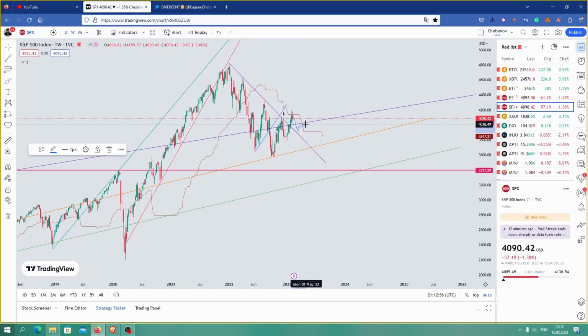At some point we will reclaim this Kijun and it will become our support, and then we will go higher. So I don't see us going lower right to the next trend line. At this moment, I don't see it. I think it is a temporary rejection.